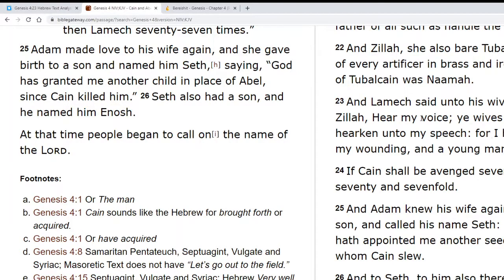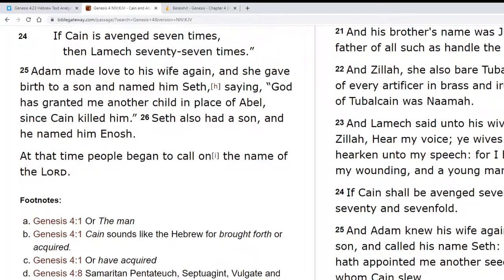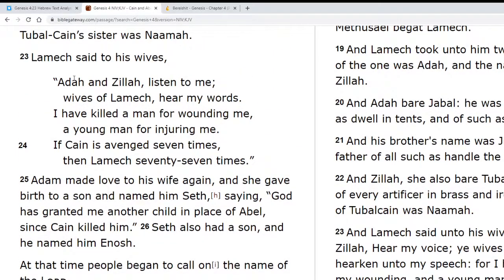Hear my voice. Here, they're translating it as, he said to them, Ada and Tzila, listen to me. The quotation marks aren't in the Hebrew, so I don't know how they know which way it goes. But listen to me, wives of Lamech, hear my words. I have killed a man for wounding me, a young man for injuring me.